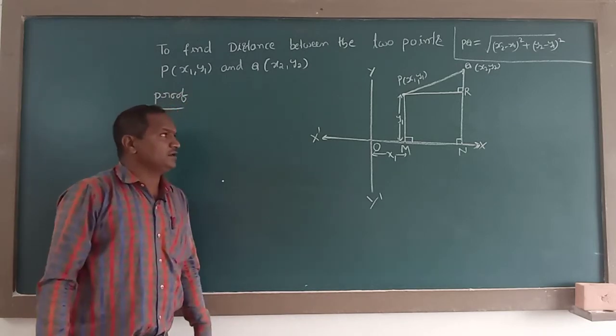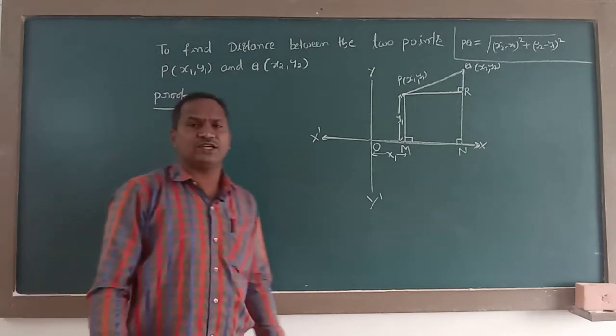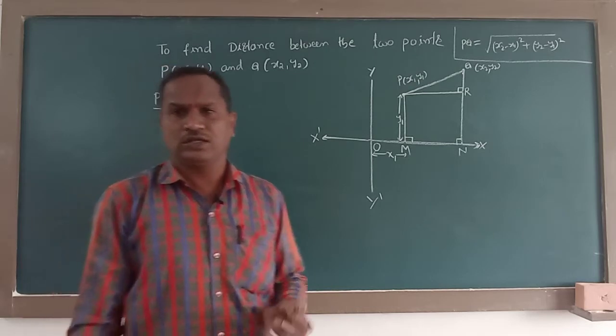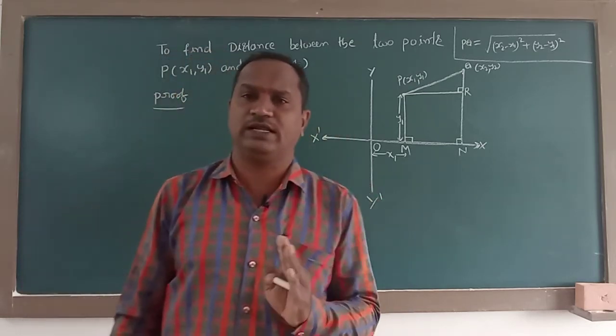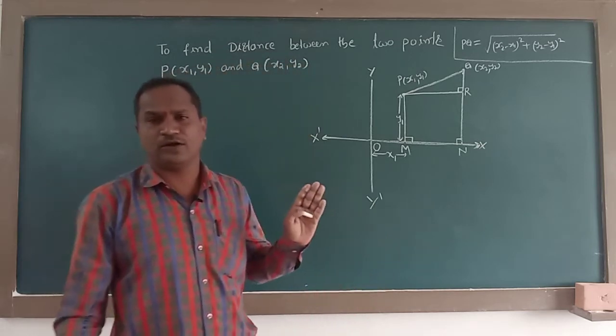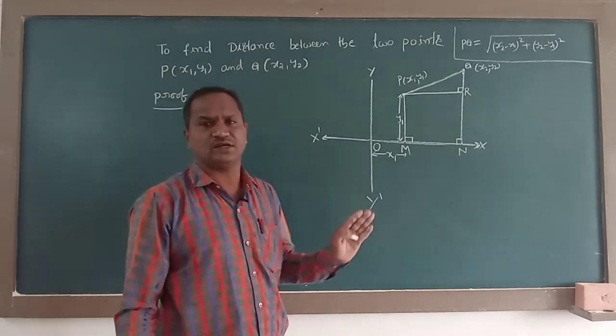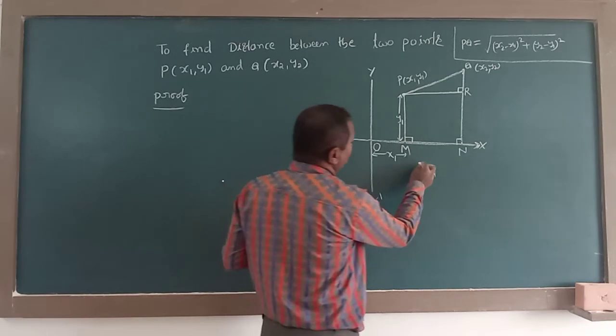Similarly, for that point Q (x2, y2) also, the distance is measured from the origin only. For the point Q (x2, y2), x2 belongs to ON.